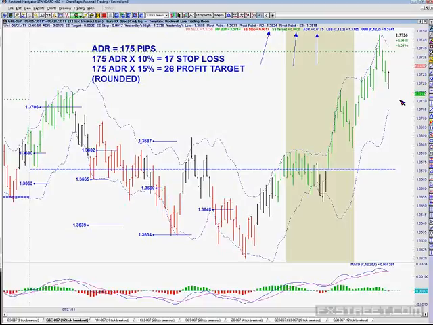36.48 is our entry point based on MACD. 17 ticks. We're off a little bit on that one. It actually was 3 ticks lower, but you still see that we had plenty of room with this move because the market's always going to move.